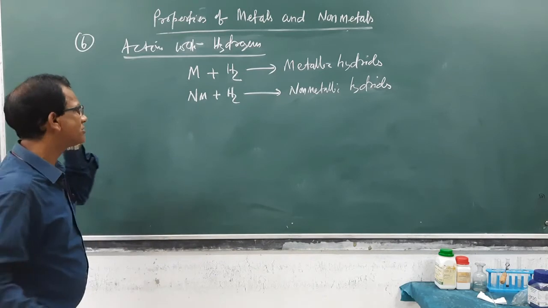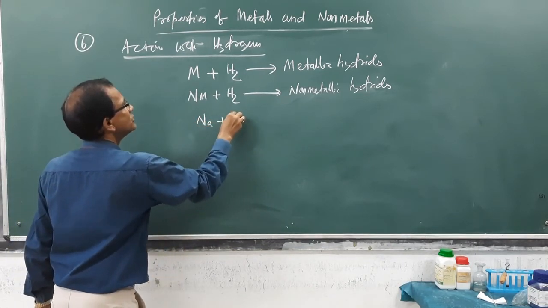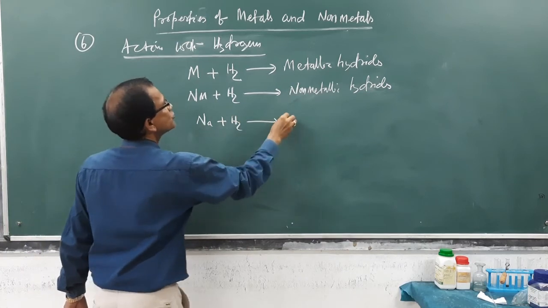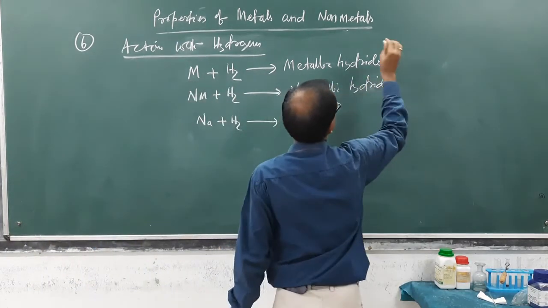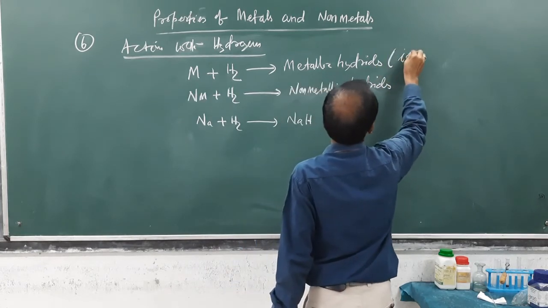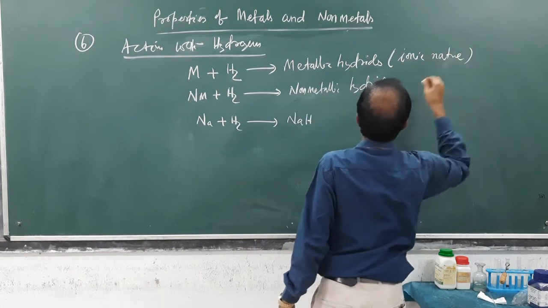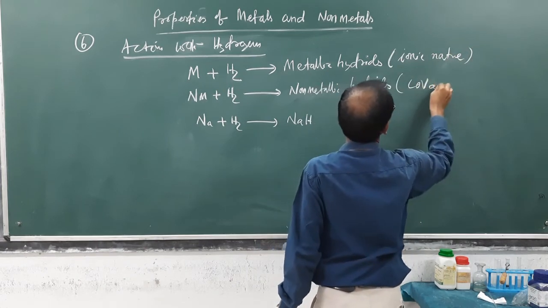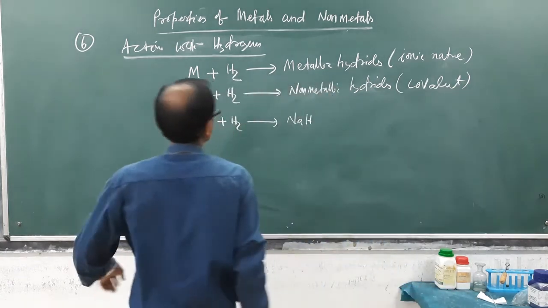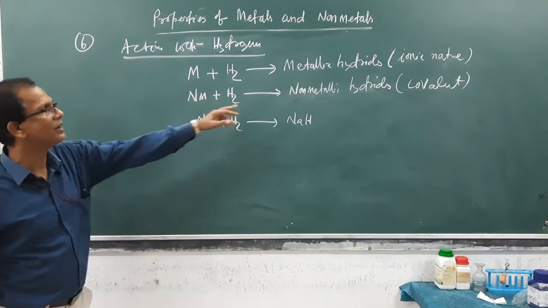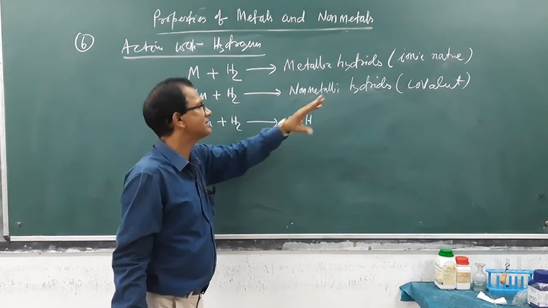Suppose sodium metal with hydrogen produces sodium hydride, and this metallic hydride is generally ionic in nature, and non-metal hydrides are covalent. This is the difference in the nature of metal hydrides and non-metal hydrides. Almost all metallic hydrides are ionic, non-metal hydrides are covalent.